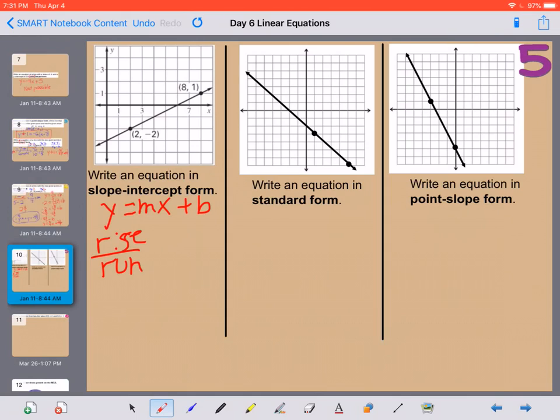It looks to me like we're going up 1, 2, 3, and over 1, 2, 3, 4, 5, 6, which is going to simplify to 1/2. Then our b is where it crosses the y-axis, and I see that is happening right there at -3. So y equals 1/2 x minus 3.